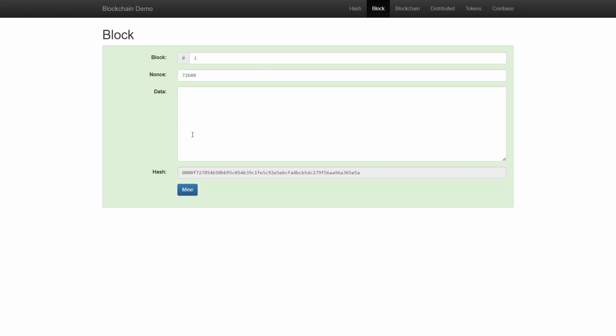Okay, let's understand how. This is a block. We can say it's the first block, or we can say it's the zeroth block. You can see if I change any data, even the block number, it becomes pink. That means invalid. If I put back the data, it becomes green again, meaning it satisfies the required hash.